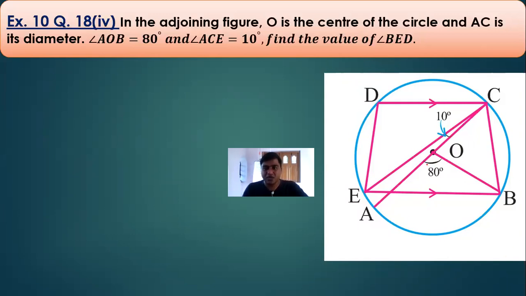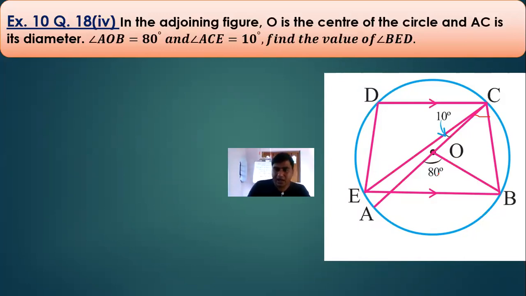And angle AOB is 80 degree, and angle ACE is 10 degree. Find the value of angle PED. So we know angle AOB and angle ACB.